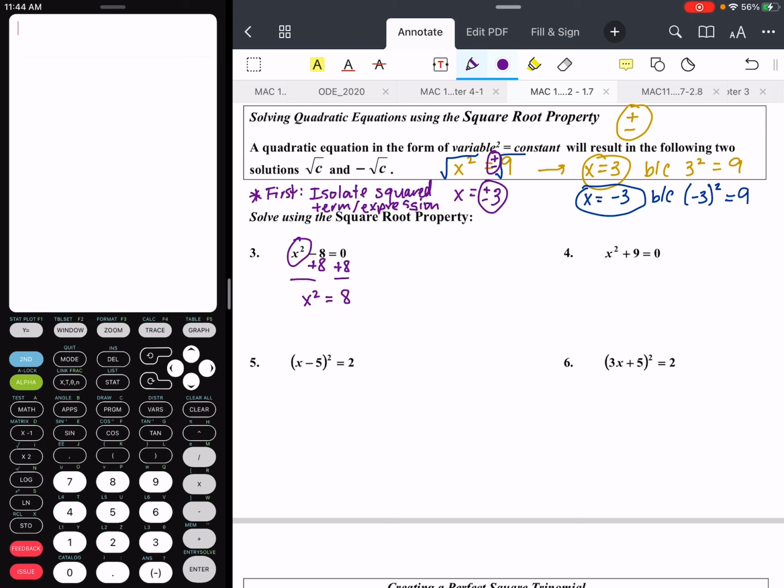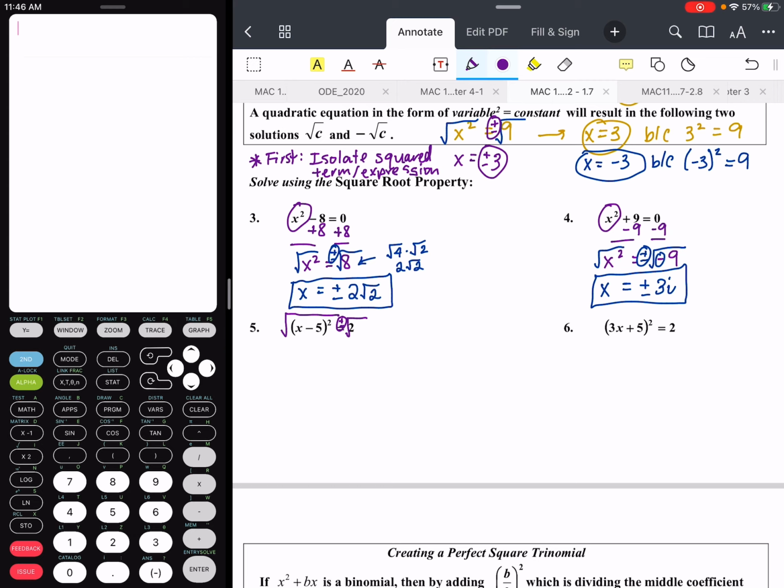All right, looking at number 5, x minus 5 squared equals 2. In this case, I have a squared expression, a binomial that's squared. It's already isolated, so I'll go ahead and take the square root of both sides, tacking on that plus or minus on the right-hand side. So the square root of x minus 5 squared just gives me x minus 5.